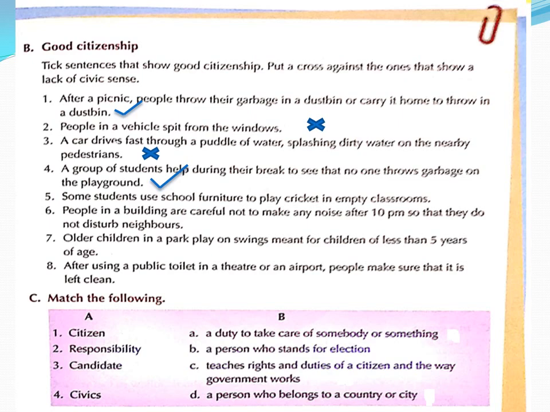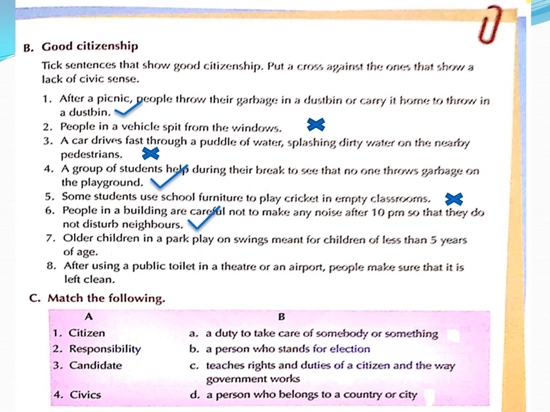Number 5, some students use school furniture to play cricket in empty classrooms, damaging school property. Lack of civic sense. Put a cross. Number 6, people in a building are careful not to make any noise after 10 p.m. so that they do not disturb neighbors. Very good. True citizenship. Put a tick beside 6.